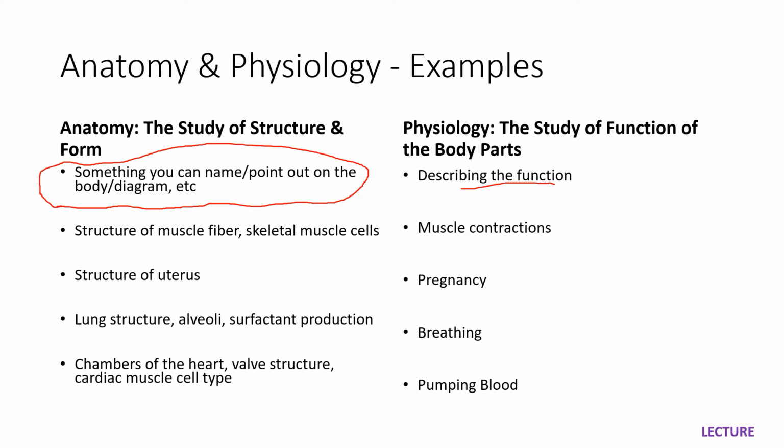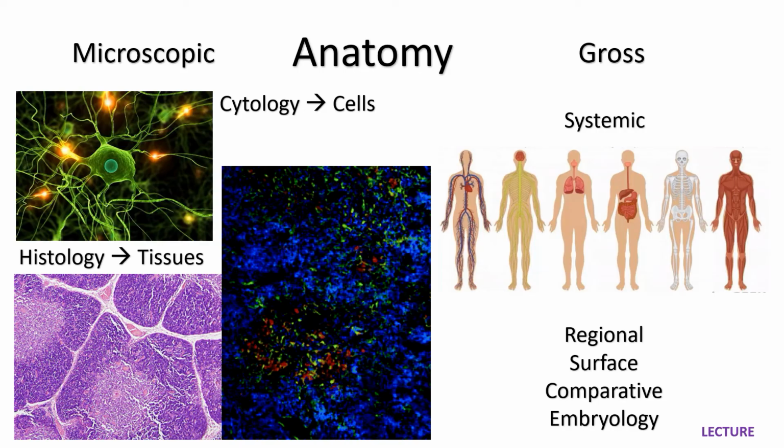Structure of the uterus versus pregnancy. Lung structure, alveoli, surfactant production, versus breathing and respiration. Chambers of the heart, the valve structure, the cardiac muscle type, that's coming in 169, versus actually pumping the blood and getting the heart beating.